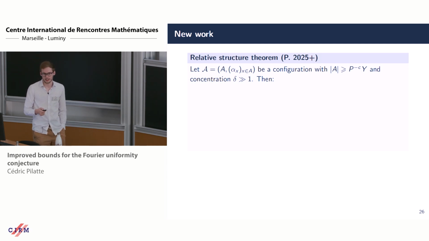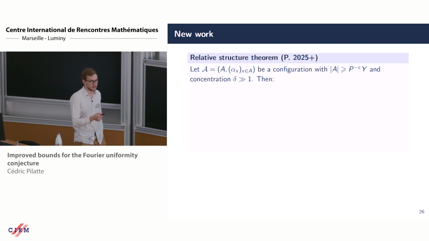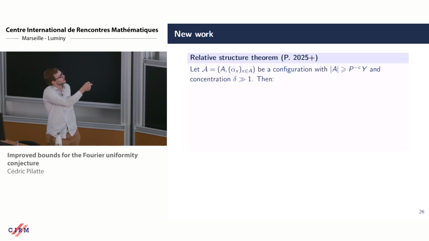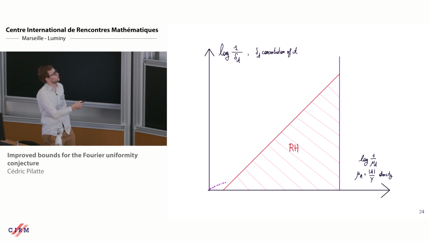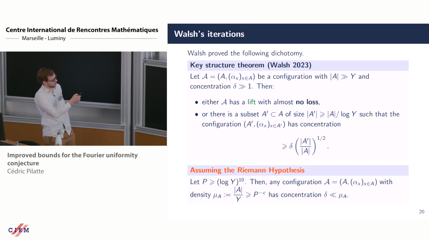So I will explain what this means. But basically, it also works when the size of A is really quite small compared to Y. Whereas for Walsh's theorem, you really needed that A is very large. And also you have this loss here.